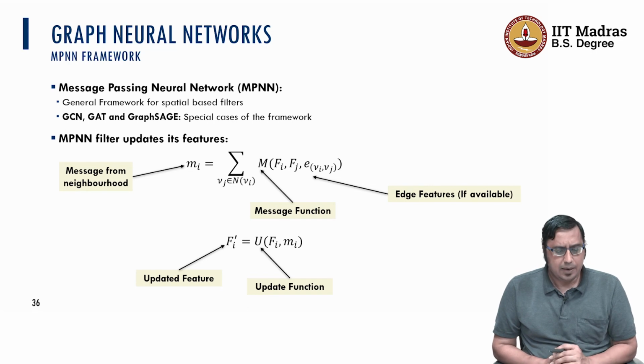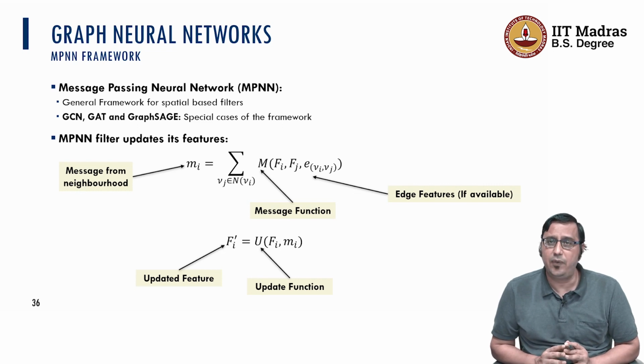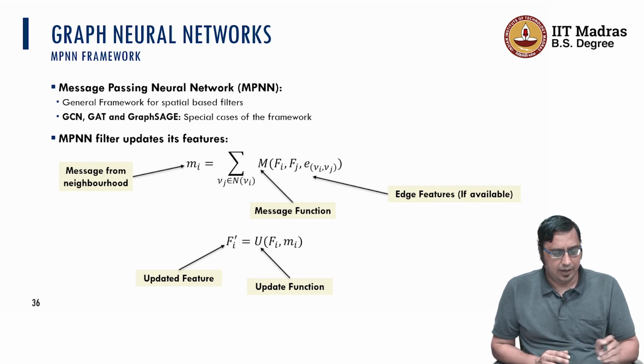Message passing neural networks are a general framework for spatial-based filtering techniques like graph convolution neural networks, graph attention networks, or GraphSAGE networks. All of them are special cases of message passing neural networks.